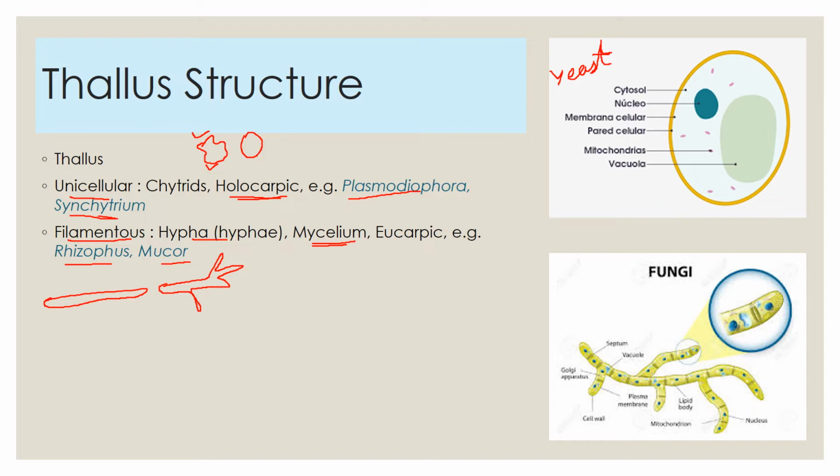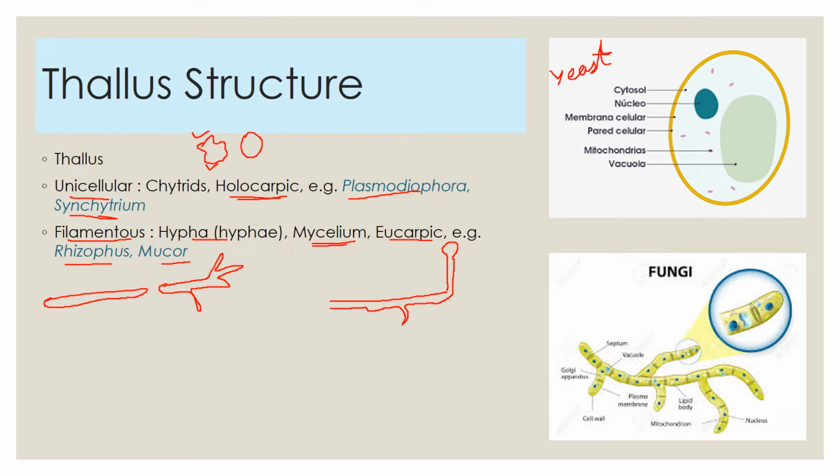So this type of life form is eucarpic, where the hypha ramifies in all directions, branches and searches for food, accumulates food, and after a certain time, say for example this is the substratum and the hypha is growing inside the substratum, it will give out aerial branches which are essentially the reproductive structures.